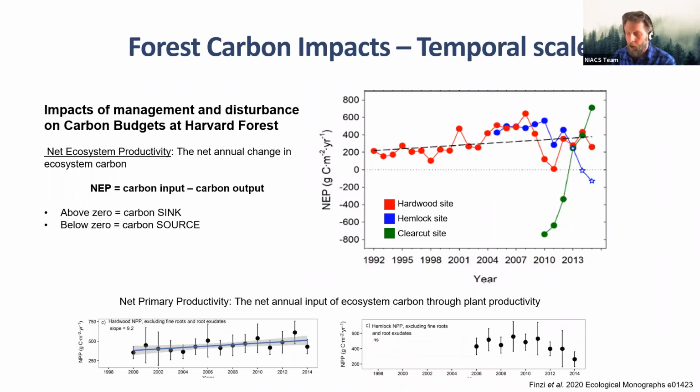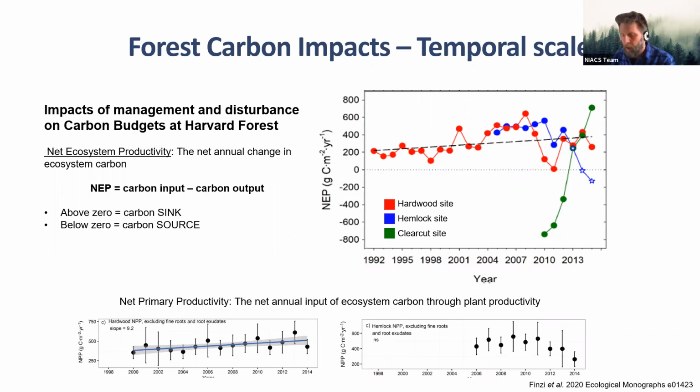Those red lines show net ecosystem productivity from a hardwood site, and the line is above zero, which means that the ecosystem is gaining carbon. So carbon inputs are greater than carbon losses or outputs from the system. So it's a net carbon sink. And you can see that line bounces around, but generally that dashed line is the average and it's going up. So this forest is becoming a stronger and stronger sink over time. You can see it dips down to zero during 2012, which was when they had the severe drought there. But it's generally maintaining a carbon sink capacity there.